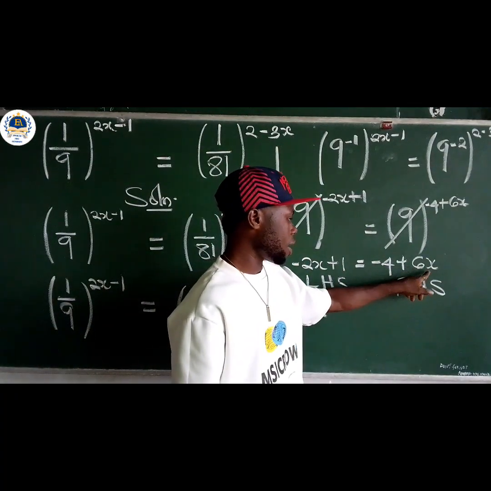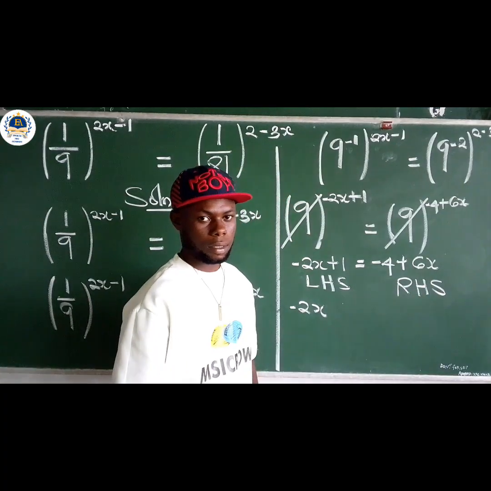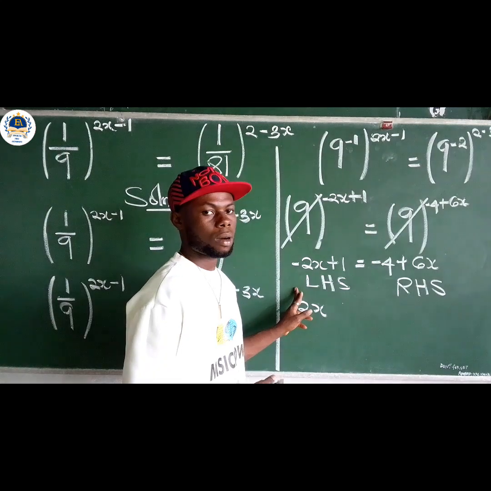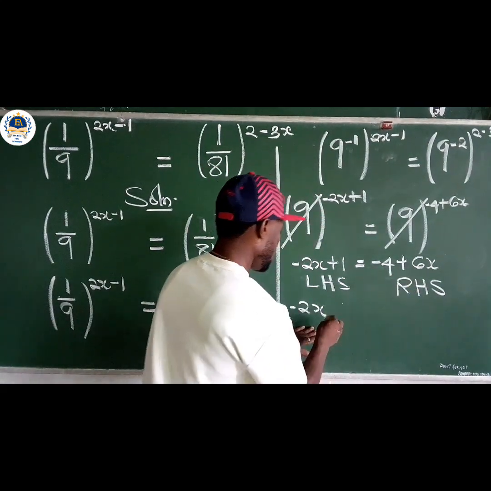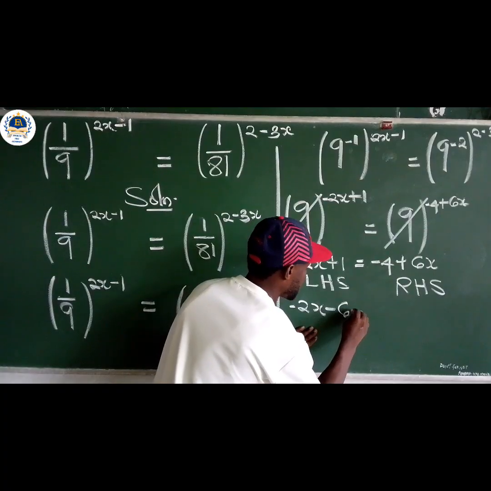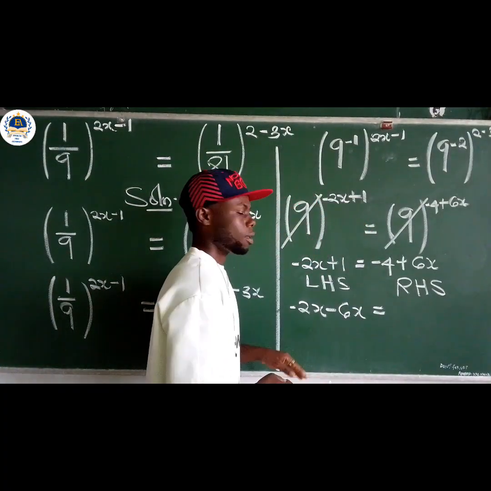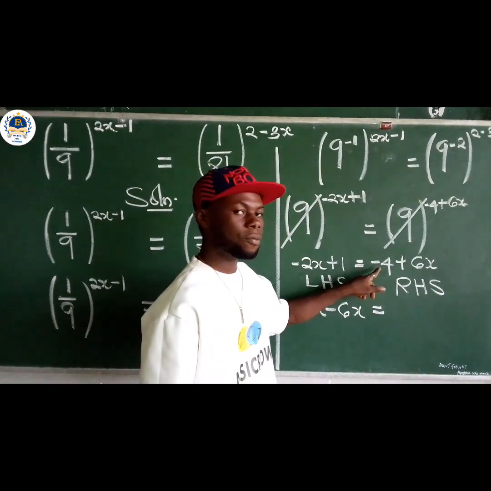Since plus 6x is initially at the right hand side, and I want to take it to the left hand side, the sign will automatically change from plus 6x to minus 6x. Now this is equal to, at my right hand side, I have minus 4.